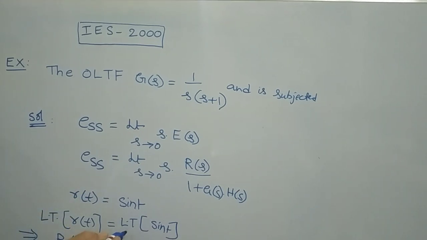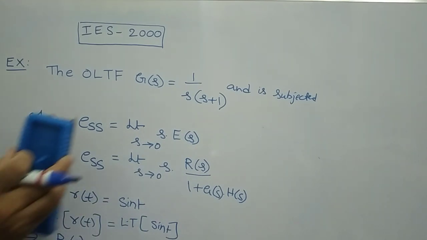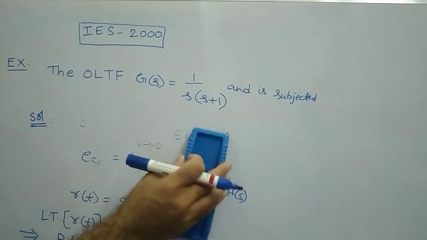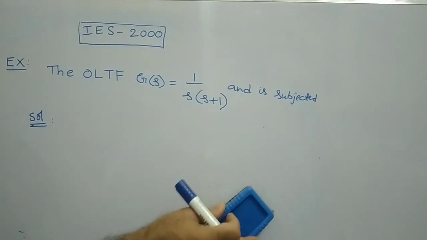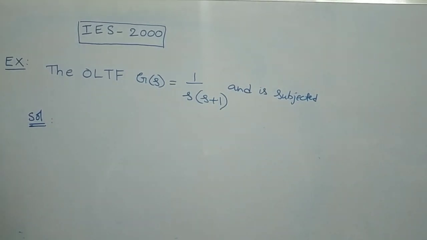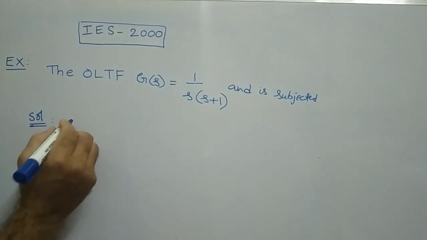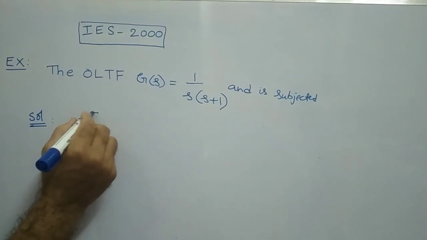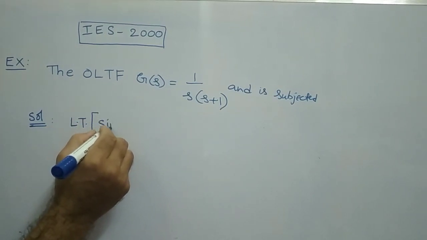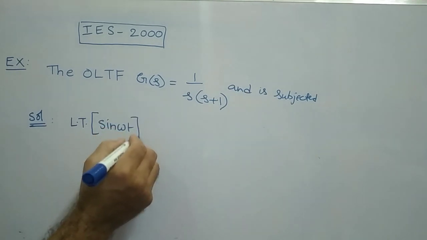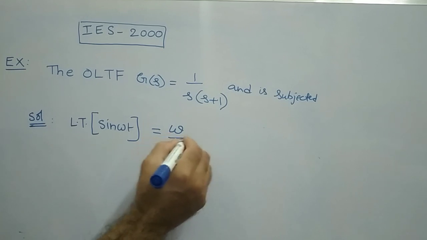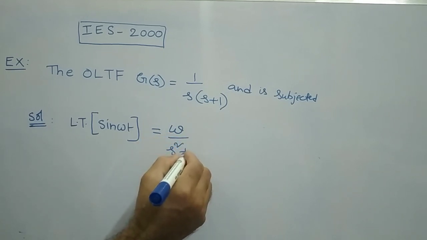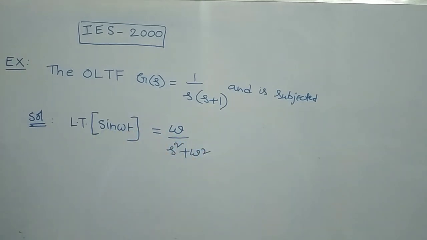Similarly, what is the Laplace transformation of sin t? You need to remember all these formulas basically. The Laplace transformation of the standard sin omega t is equal to omega by s square plus omega square in general.